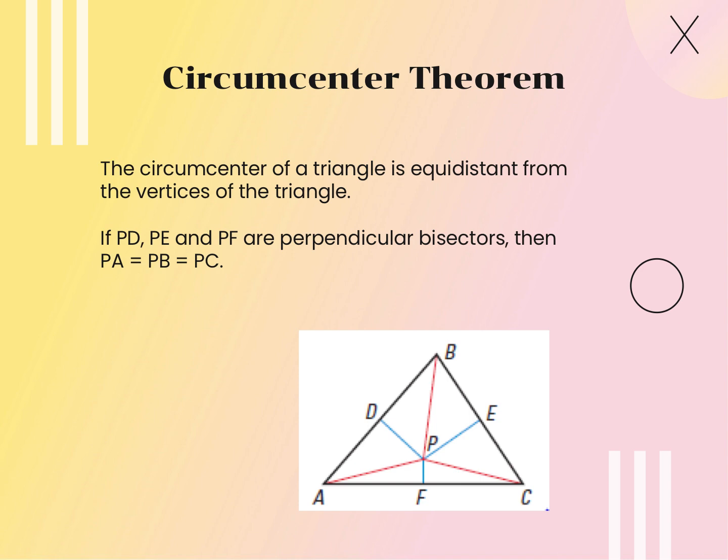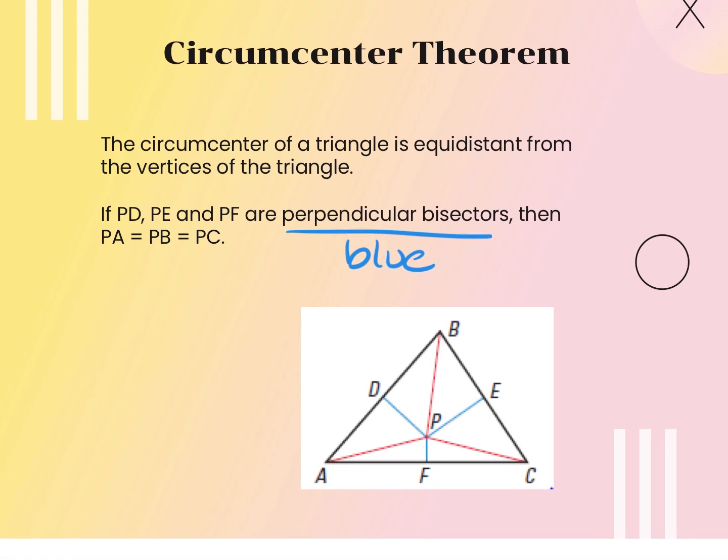The circumcenter theorem states that the circumcenter of a triangle is going to be equidistant from the vertices of the triangle. So in this picture, all of the perpendicular bisectors are pictured in blue. Just to clarify that these blue segments are perpendicular bisectors, I could add in the right angle and the congruency marks, because remember, the perpendicular bisector hits at the midpoint and splits that side into congruent pieces.